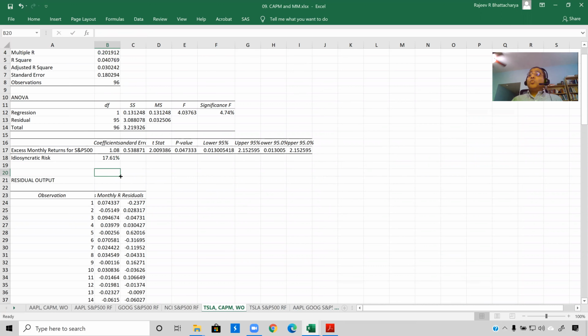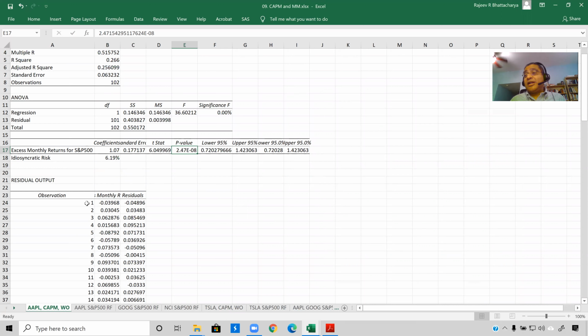Do you see the difference? The idiosyncratic risk is 17.61%, whereas for Apple, it's only 6.19%.